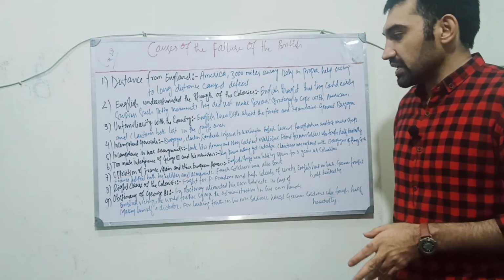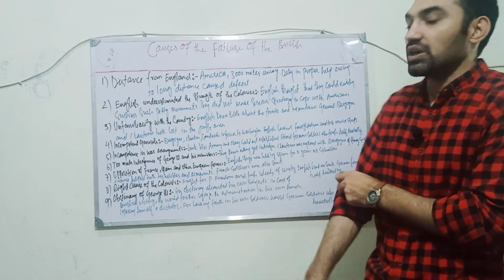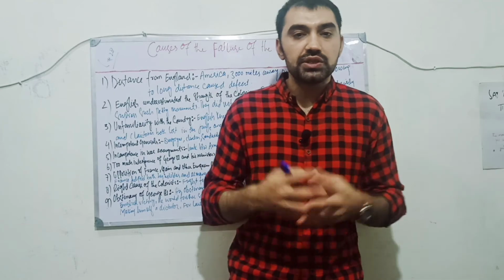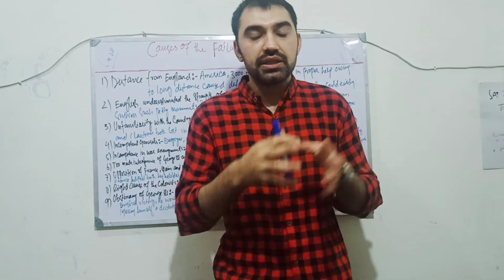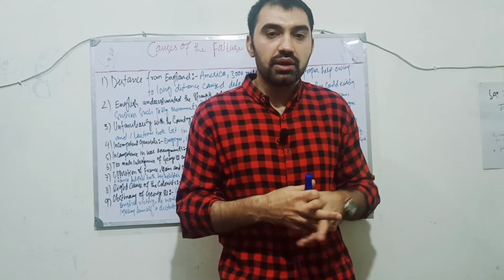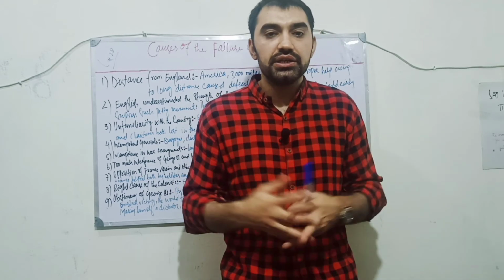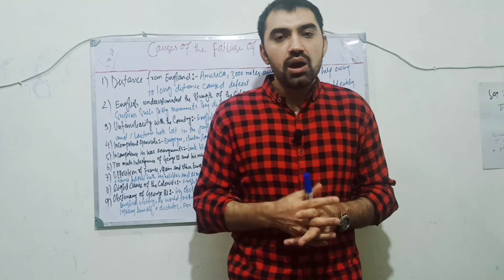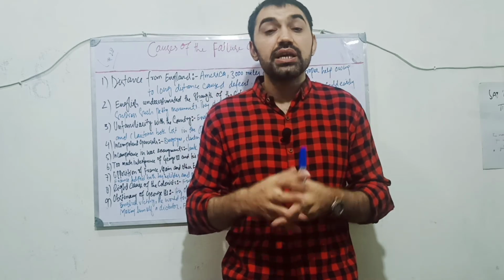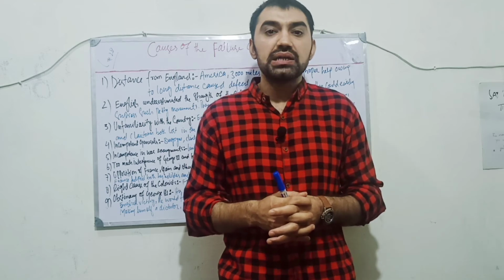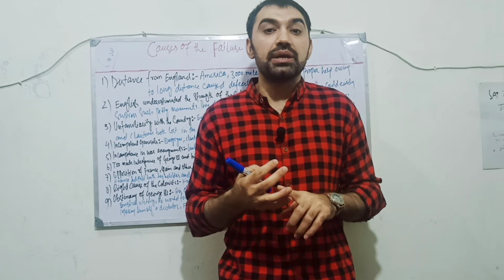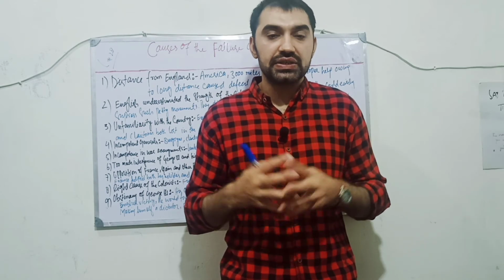The last one is the obstinacy of George III. What was his obstinacy? As we talked, he was interfering in the war arrangements, and yet he knew nothing regarding war. He alienated his own subjects by his very stubborn laws and becoming a kind of dictator.